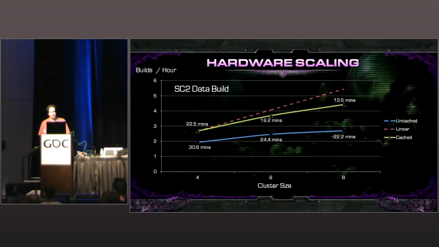So this is what Starcraft II's data build times look like at different cluster sizes. Each machine here has 24 hyper-threaded cores, so 8 machines translates to 192 cores. The uncached scenario here is mostly academic, as the only time that ever occurs is setting up a brand new cluster.